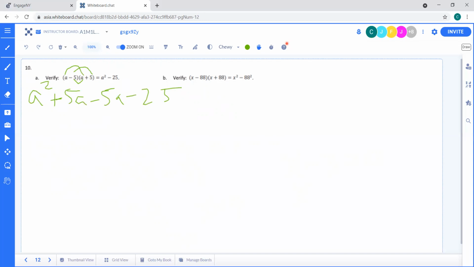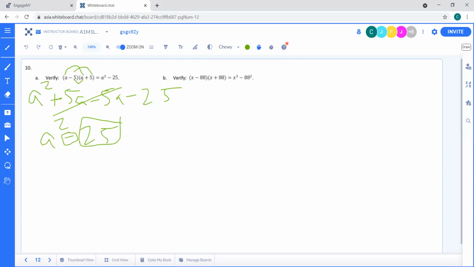Well, 5a minus 5a cancels and just leaves me with a squared minus 25. So conjugates are going to always, always, always cancel that middle term and leave you with the difference of two squares. A squared, and the 25 would be 5 squared, and the difference of those two squares.